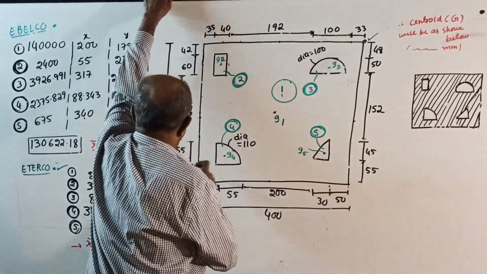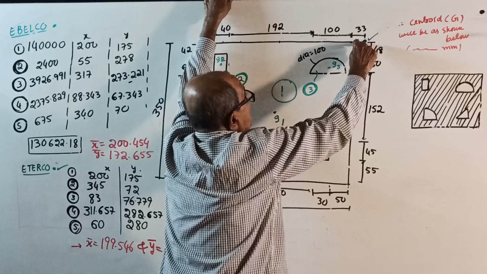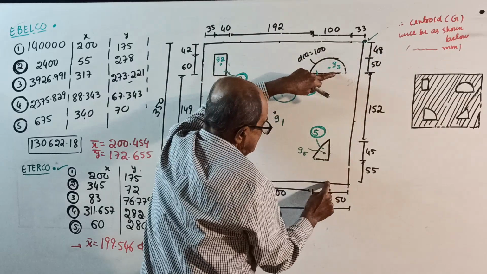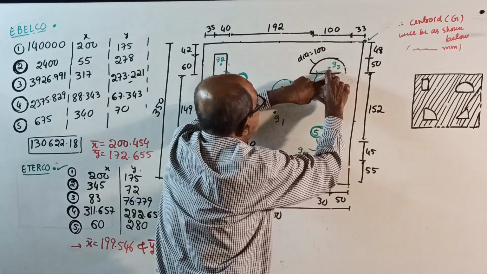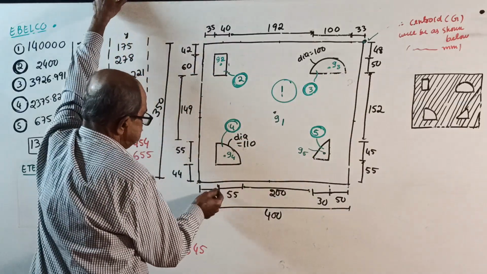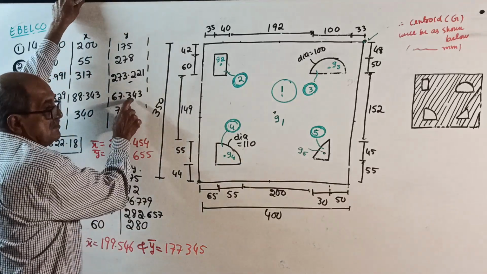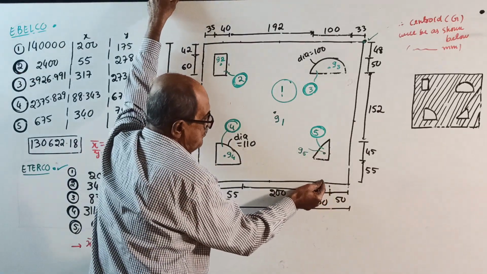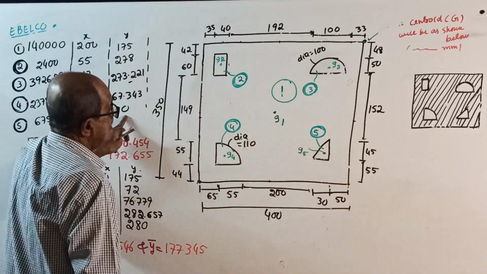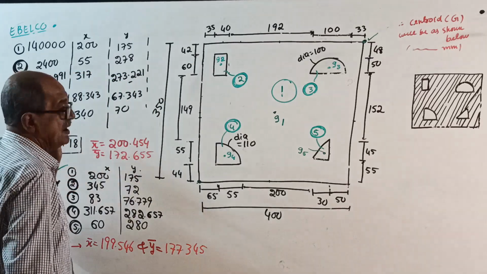Or, from here you want 350 minus 48 minus 50, which will give you this distance, then plus 2d by 3 pi. y4 is 44 plus 2d by 3 pi. y5 is 55 plus 1 by 3 of 45. Yes, you will get x bar, y bar as per Abelco.